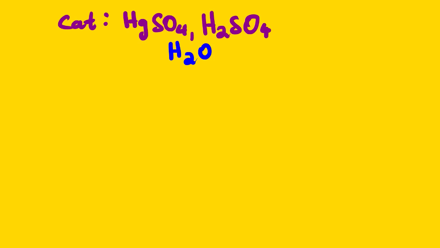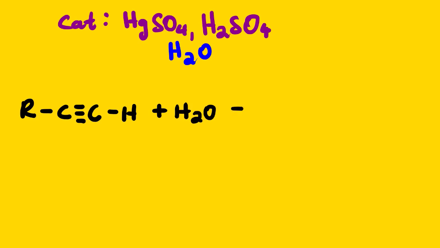So the general equation: let's say we have a terminal alkyne reacting with water in the presence of sulfuric acid and mercury sulfate.